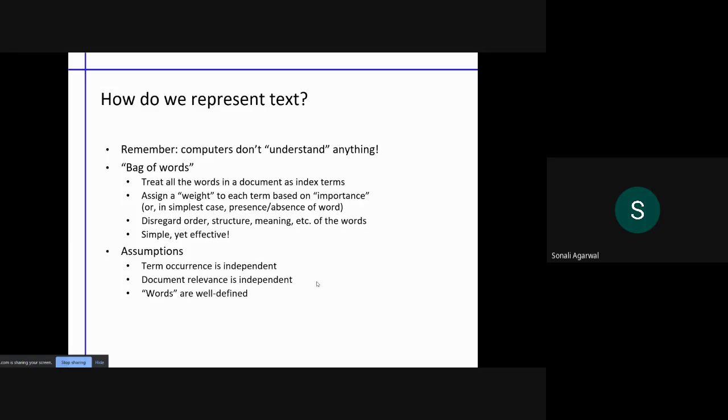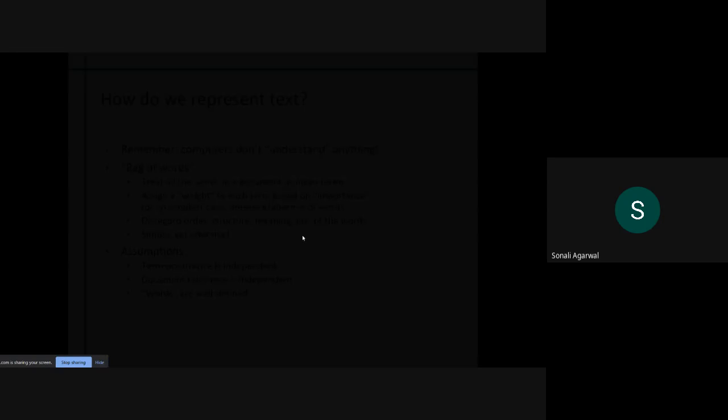Here we treat all the words in a document as index terms and assign a weight to each term on the basis of its importance, and then finally we are able to retrieve. We assume that term occurrences are independent, document relevance is also independent, and words are well defined. This is a common way of representing text.